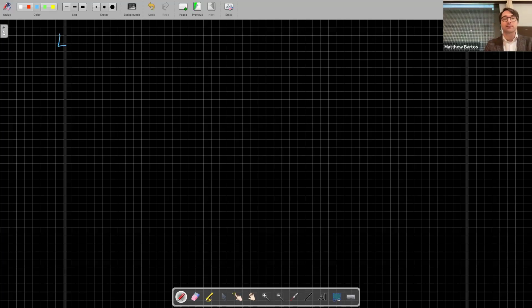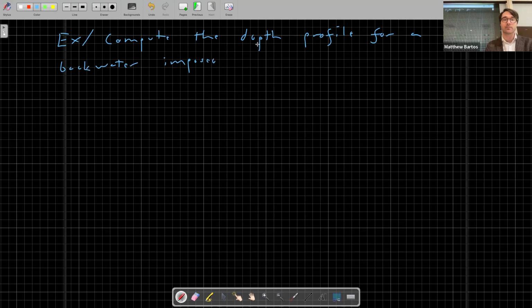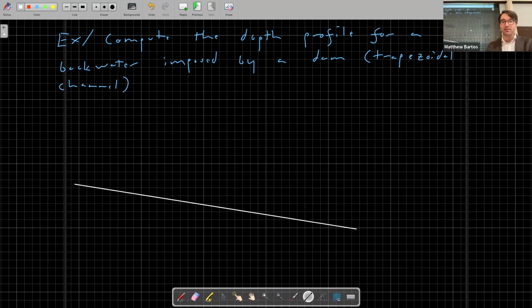So our general goal is we want to compute the depth profile for a backwater imposed by a dam, and this is for a trapezoidal channel. So we have a channel that is terminating in a dam.